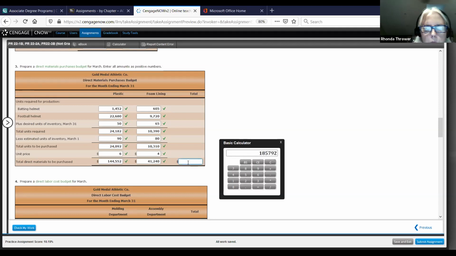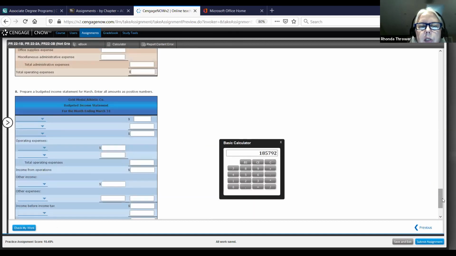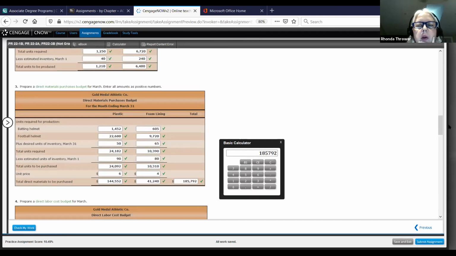And so the total amount that I'm going to be purchasing in materials for this budgeted amount is $185.92. Again, it's a good idea to check your work. Just make sure your math is correct. And that's our direct materials purchases budget.